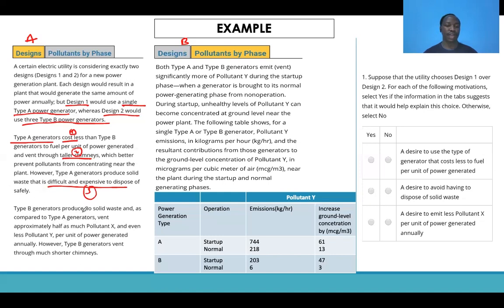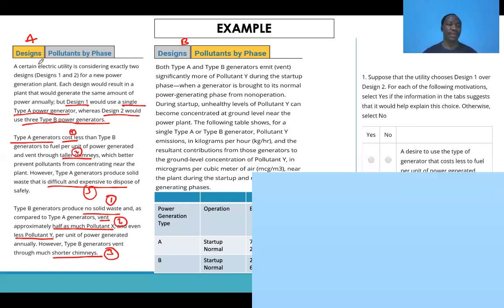Three sets of information: no solid waste, they vent approximately half as much pollutant X and less pollutant Y than type A generators, and they have shorter chimneys. So that is the information presented in tab A, the first tab.